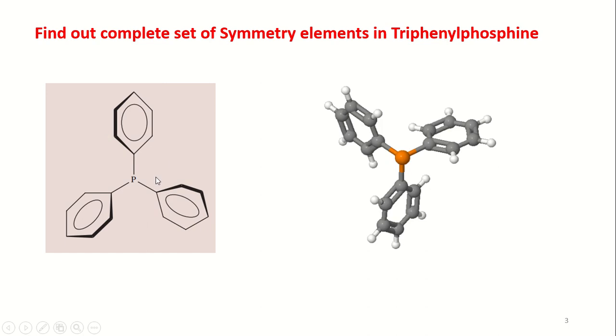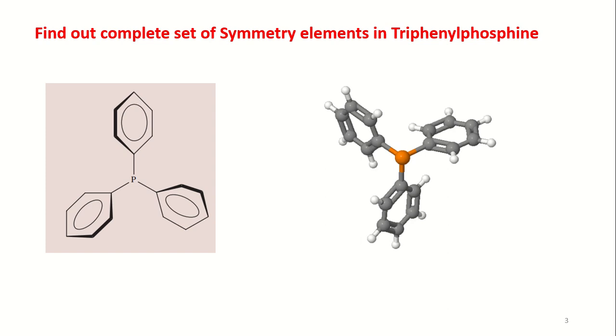That was actually the old structure I have shown, and this is actually the structure of triphenylphosphine. Here you can see that these three benzene rings, the phenyl rings, are not actually planar, not on one plane. Like in BCl3, we have studied the structure of boron trichloride.